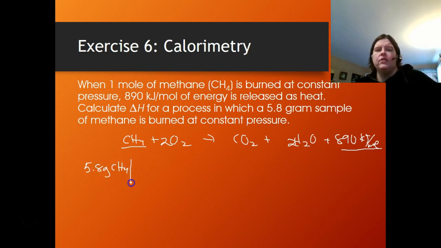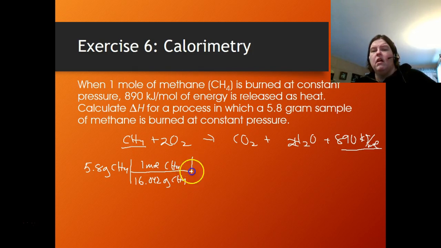I'm going to switch that straight to moles. Okay, so that would be 16.042 grams of methane over 1 mole of methane. And there's 1 mole of methane to negative 890 kilojoules per mole of reaction.